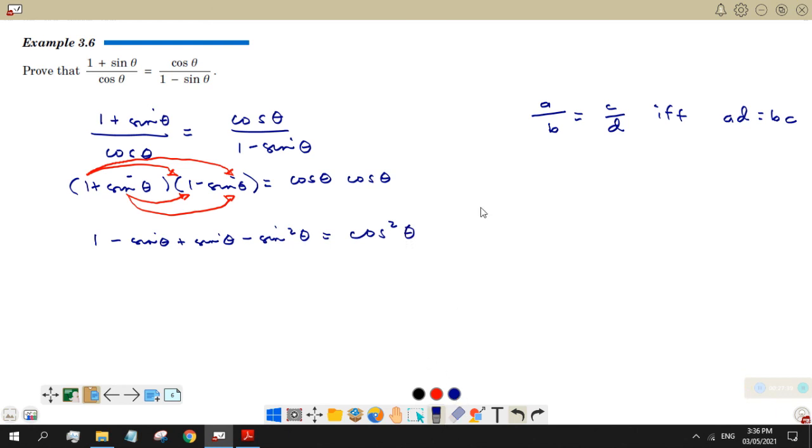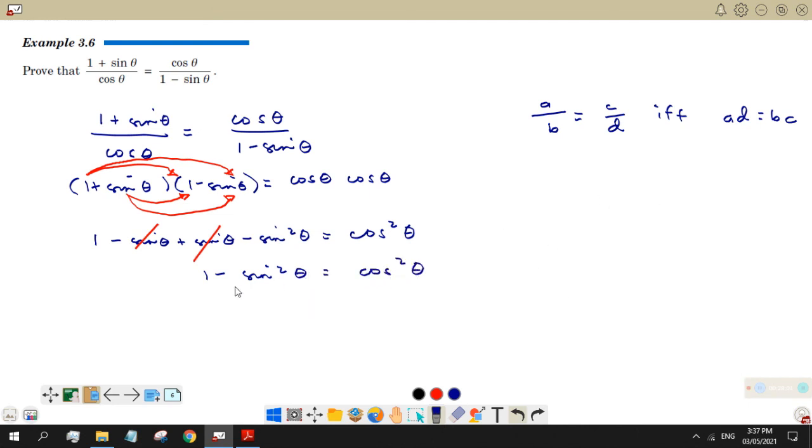Now, let's combine like terms. Yan. Tanggal na sila because negative sine theta plus sine theta is equal to 0. We will be left with 1 minus sine squared theta. Ang simple pala ng solution nito. Cosine squared theta.